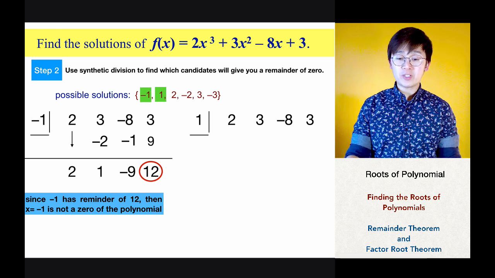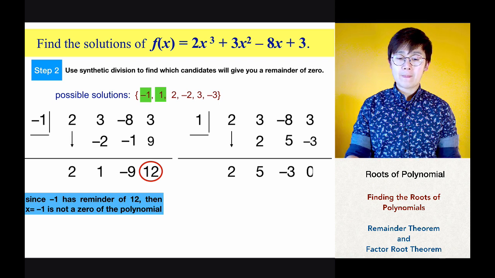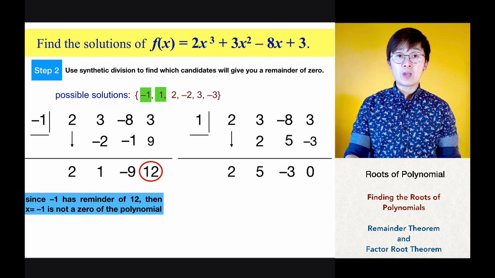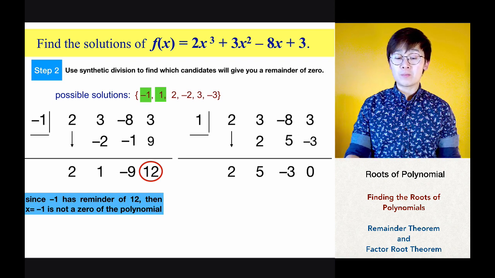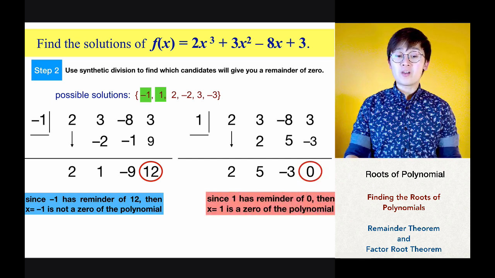So using the coefficients and synthetic division, let's see if it will give us a remainder of 0. Now at x equal to 1, which is one of the candidates of our solutions, you can see that our remainder is 0, which means one of the solutions of our cubic function is x equal to 1.